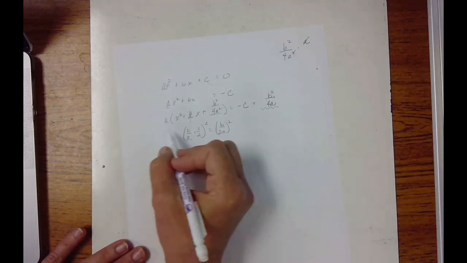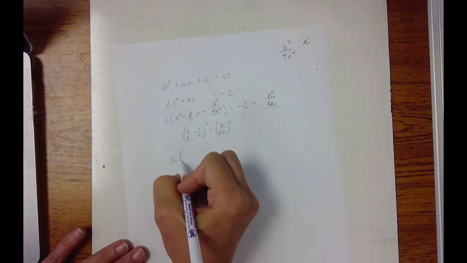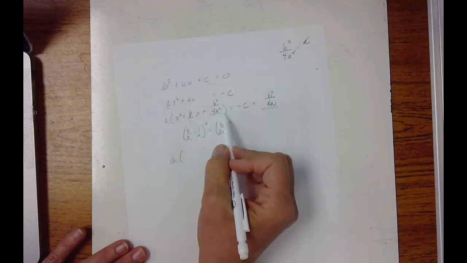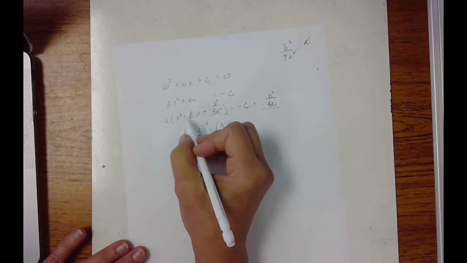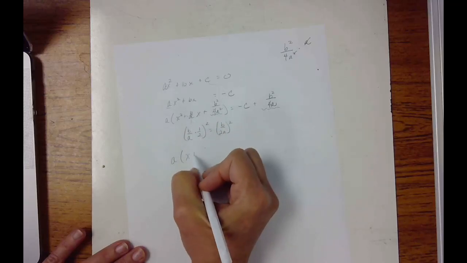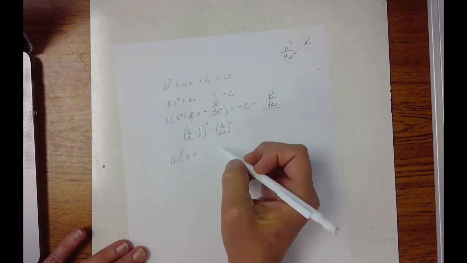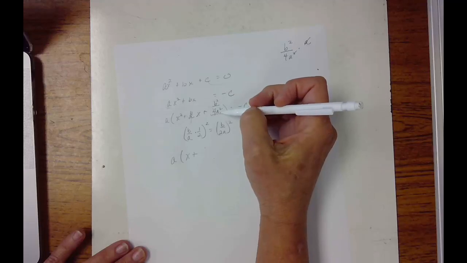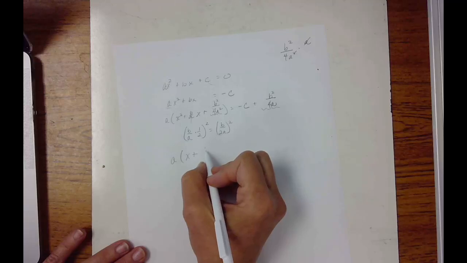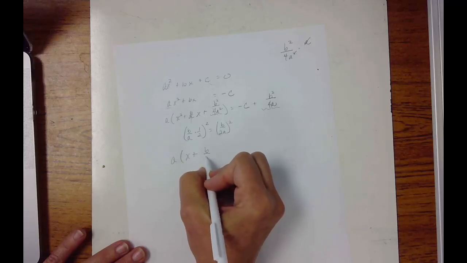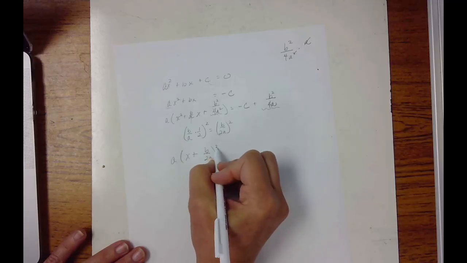And now I'm going to go ahead and simplify a little bit. So I have a times, I'm going to complete the square. I know I have x, and I know I'm going to have a plus because I start off with a plus. And what I'm adding is going to be the middle term divided by 2. So either way, it's going to be b over 2a expression squared.